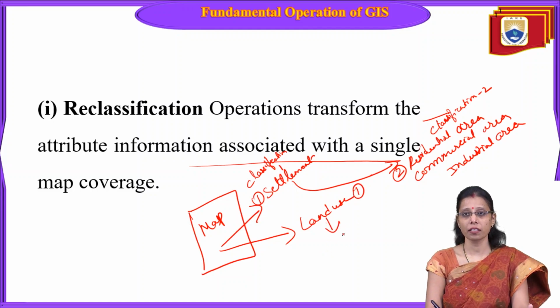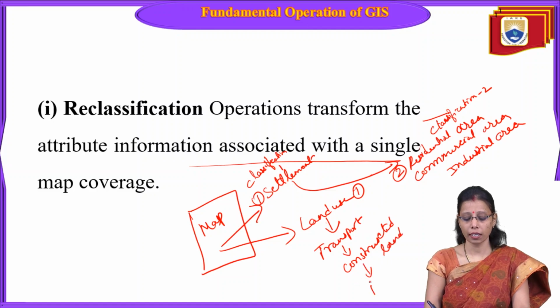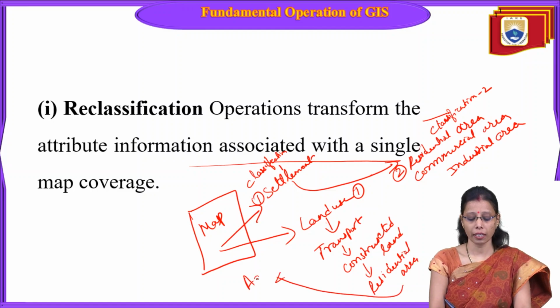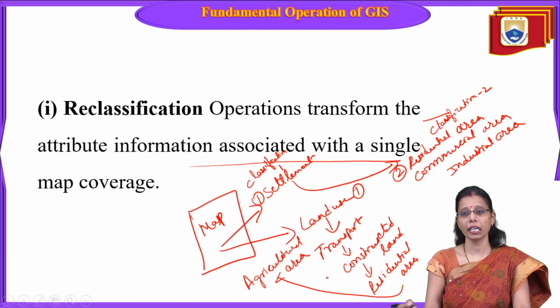Under this, land use can be transport or constructed land, residential area, or agricultural area. So this is how we reclassify.